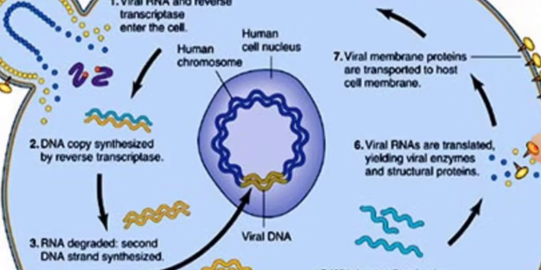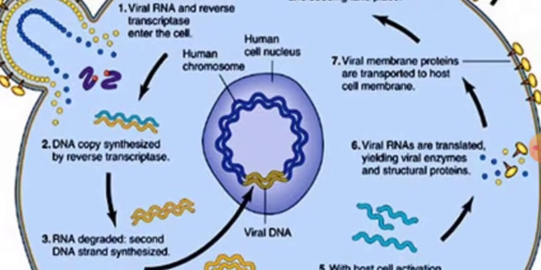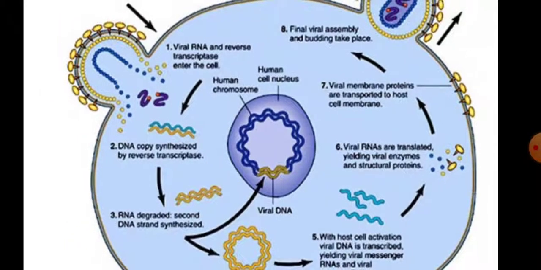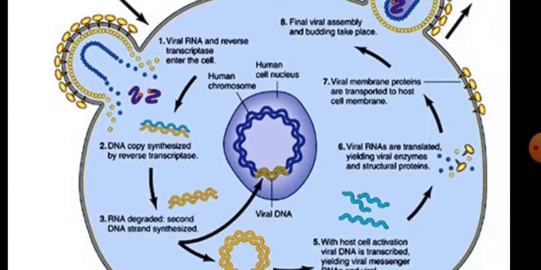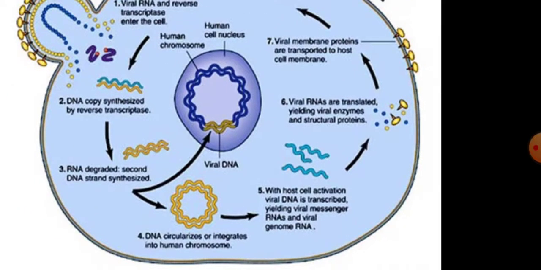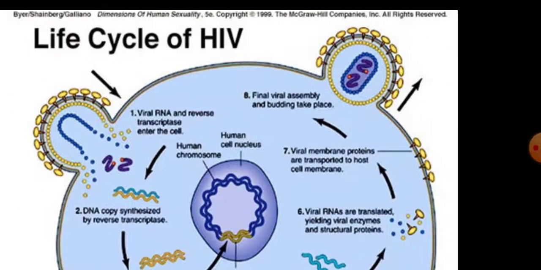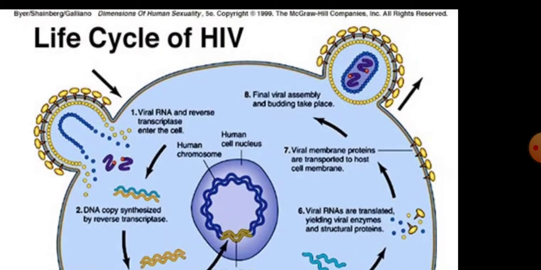The envelope is basically derived from the host cell membrane, and in the last stage, the assembly or maturation of the virus takes place, and in this last step, the viral particle is budded off.